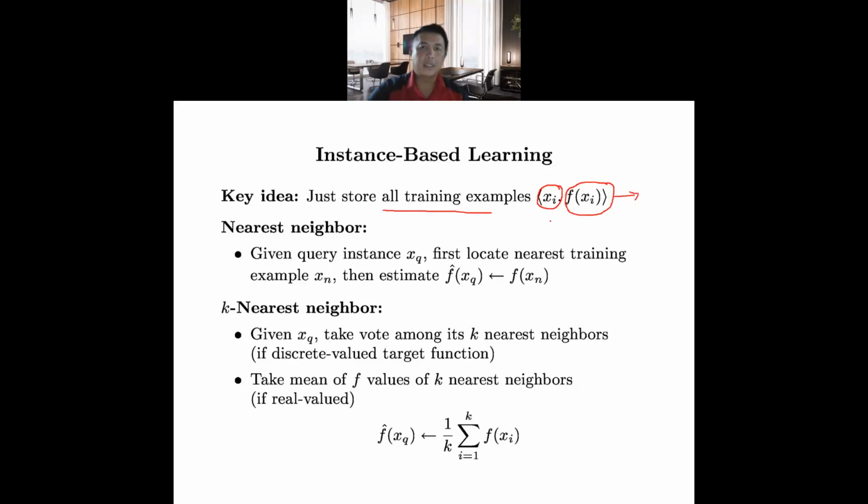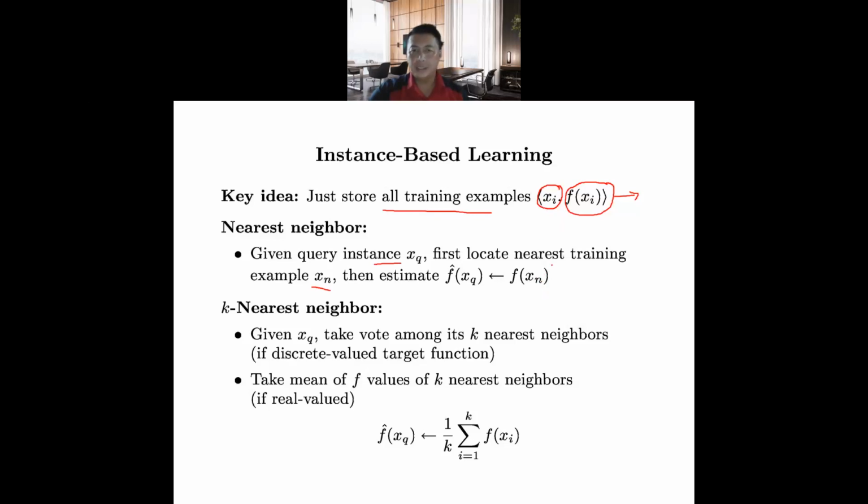If you have a new instance or a query instance, first you need to locate the nearest training example, which means that you want to find the most similar example that you have in your database, and then you get the class of that sample.